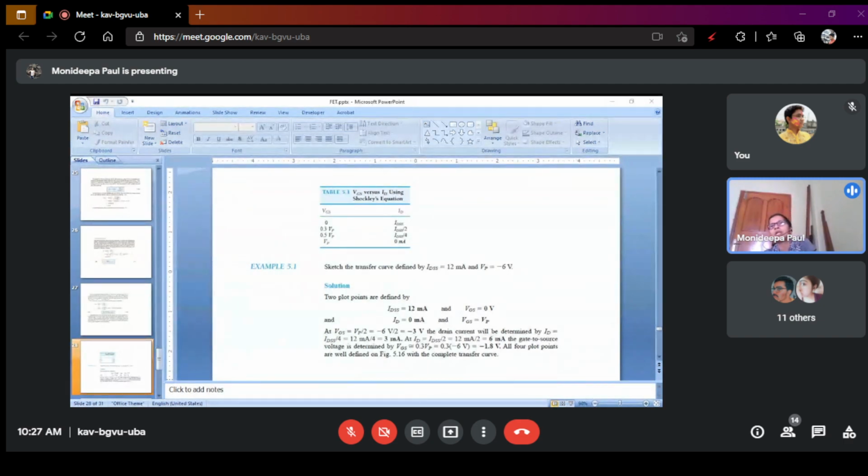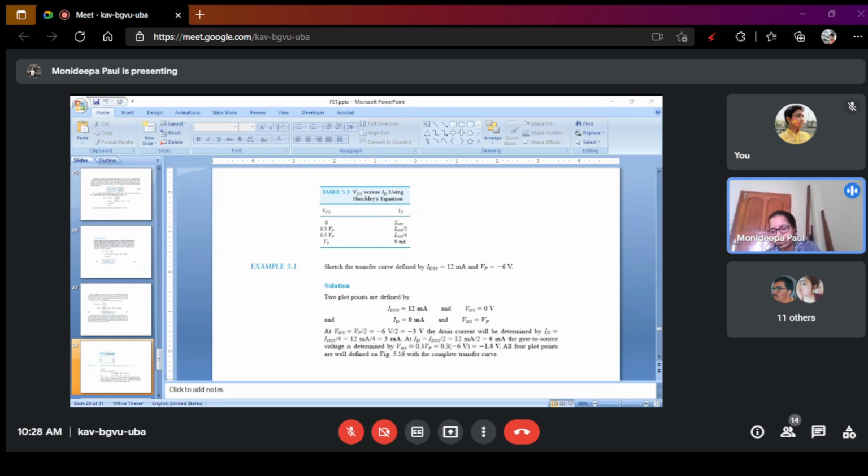Next is VP is equal to minus 6 volt. When VGS is equal to VP, then ID is equal to 0 milliampere.